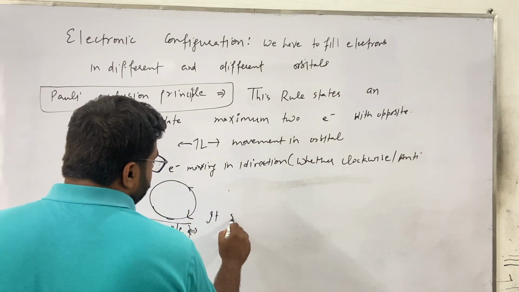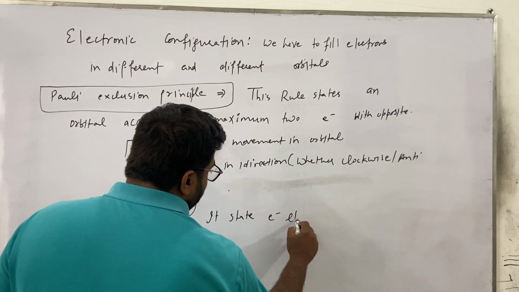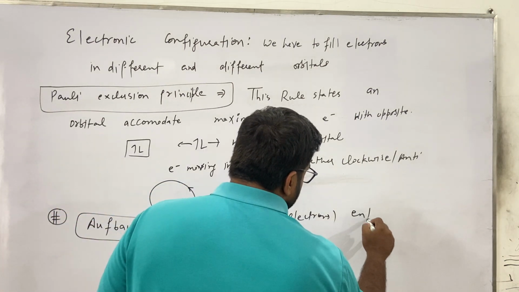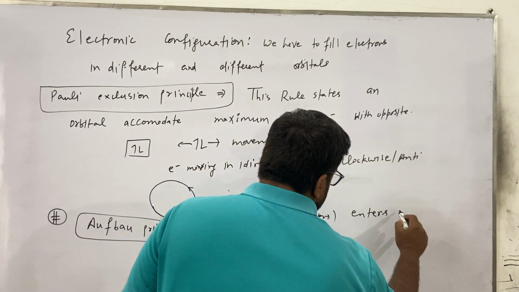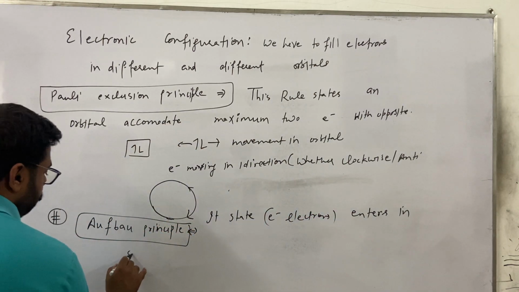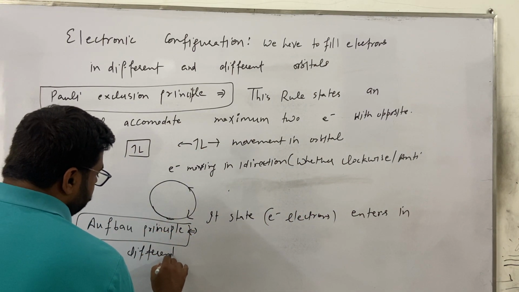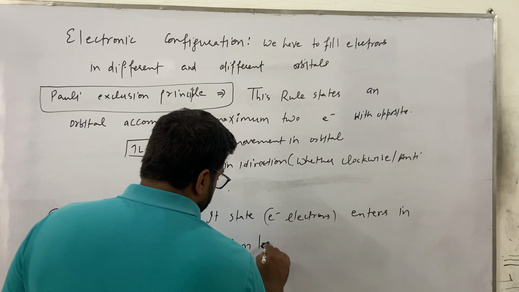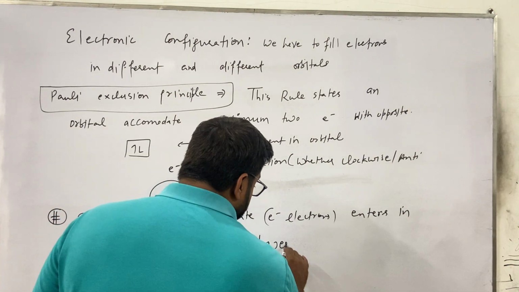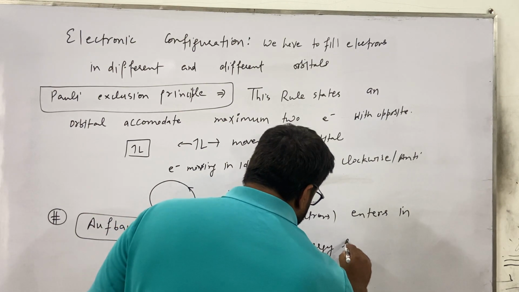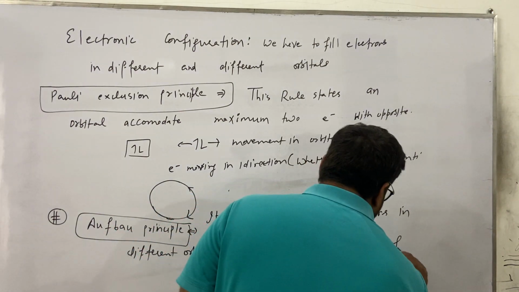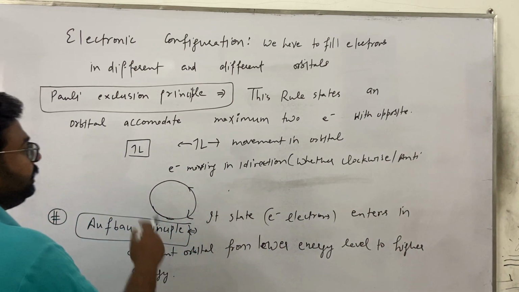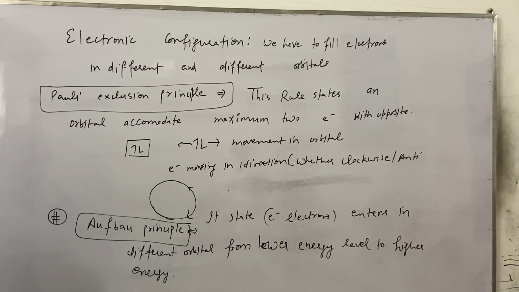It states that electrons enter different orbitals from lower energy levels to higher energy levels. I will explain this topic once we do the examples.